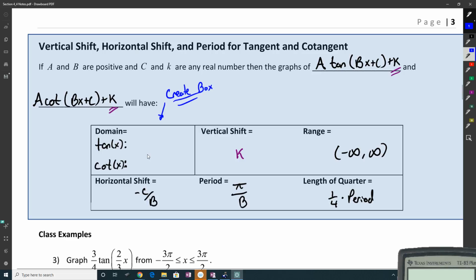And all you got to do is pick your first horizontal asymptote, and then you just add k pi. That's it. Not k pi. I lied to you. K times the period.